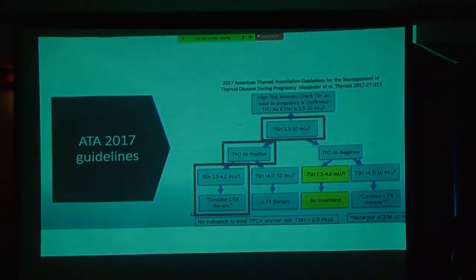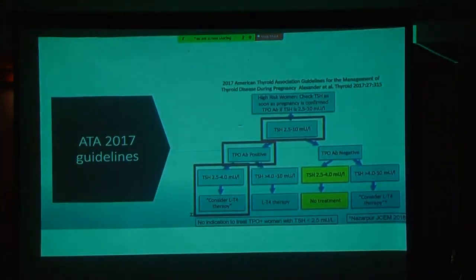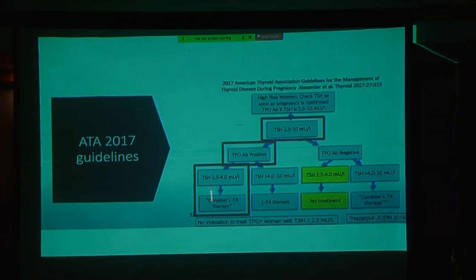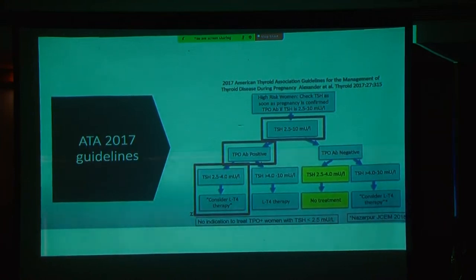The American Thyroid Association has come out with this guideline. For a high-risk woman, check the TSH as soon as the pregnancy is confirmed, and TPO antibody if TSH is between 2.5 to 10. This is the ATA guideline. Between 2.5 and 4 with anti-TPO positivity, you consider therapy depending upon the risk of the patient.